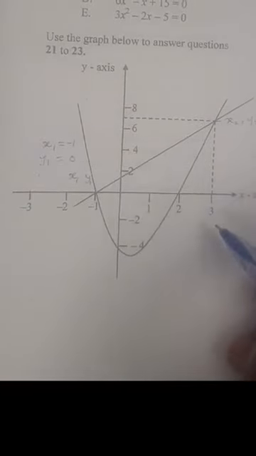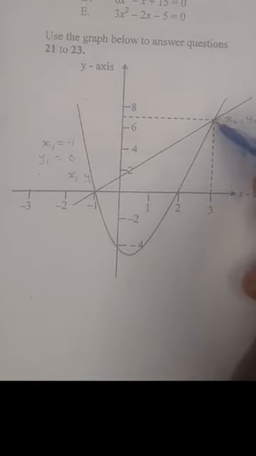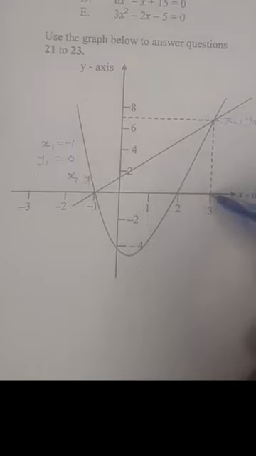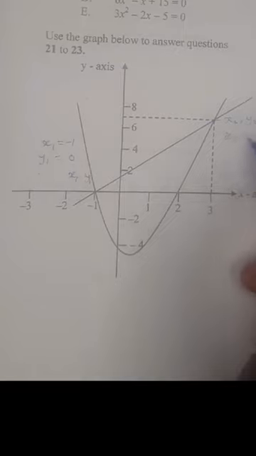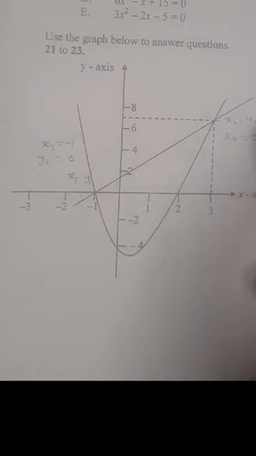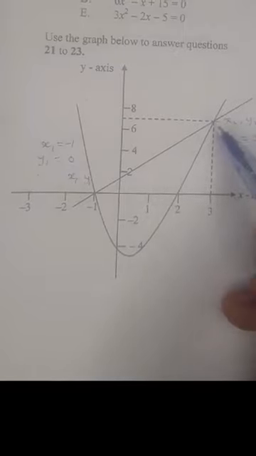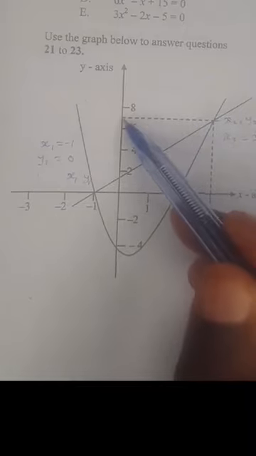Now let's go back to the second point. At the second point, x2 is equal to 3. And y2, let's check y2. This is the trace, this is where it touches.